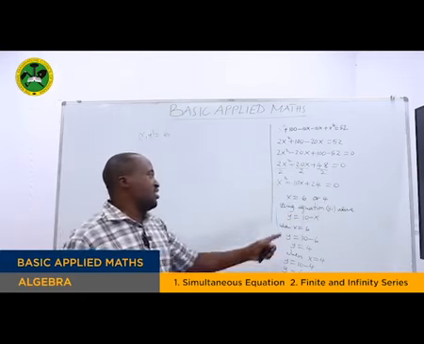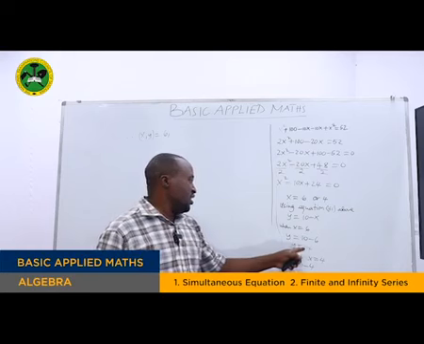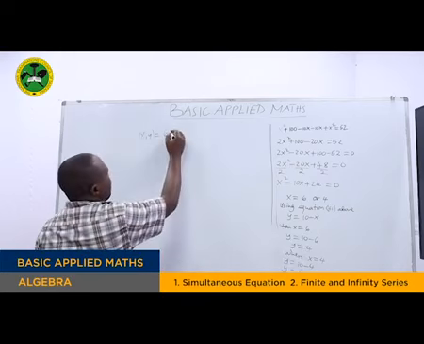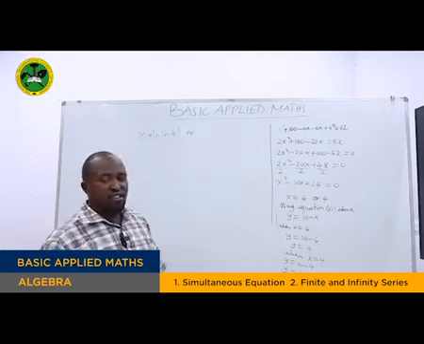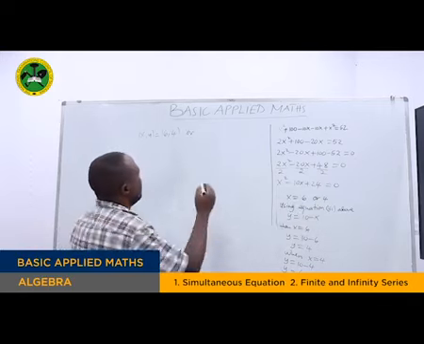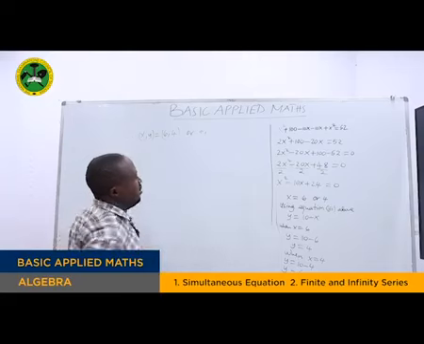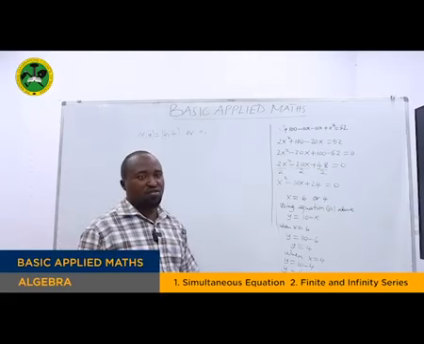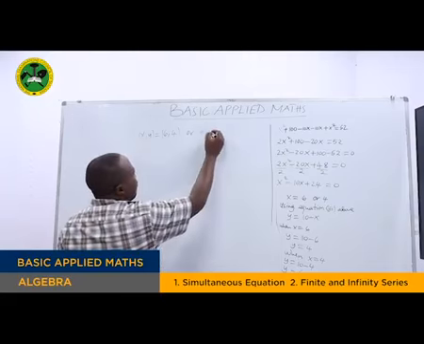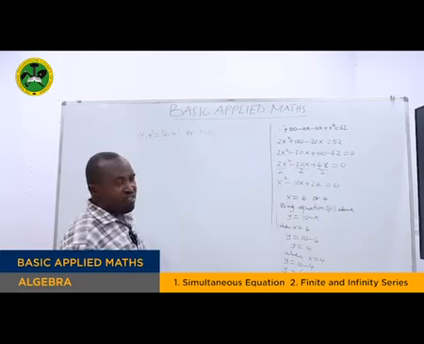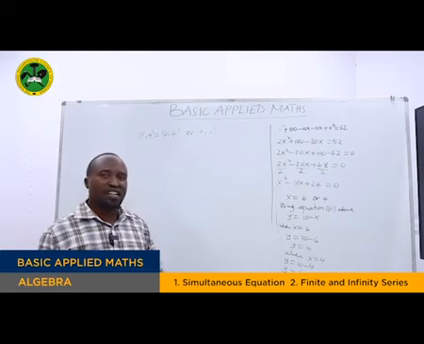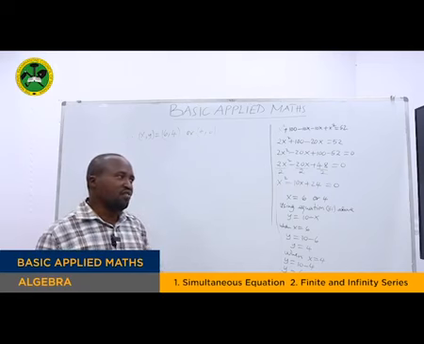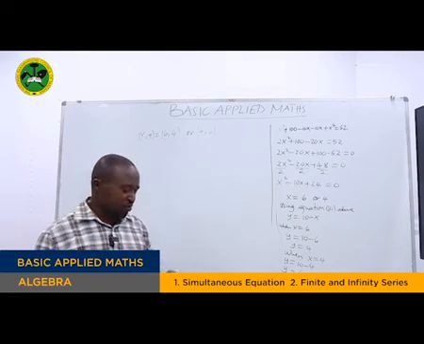When x is 6, y is equal to 4, that is 6 comma 4. Or again, when x is 4, that is 4 comma y, that is equal to 6. Now, this is the solution for such kind of a problem. Now, my dear student, let us proceed to the second word problem.